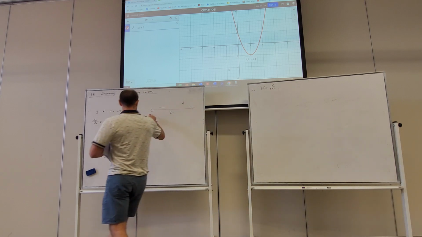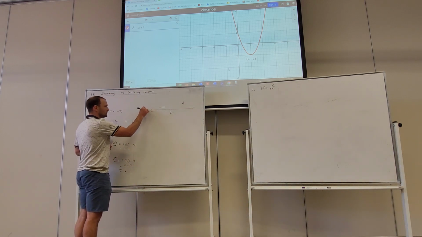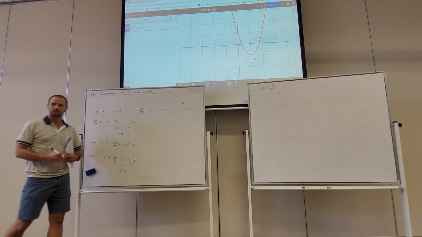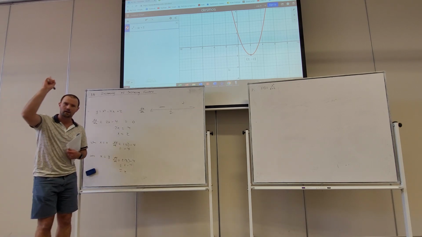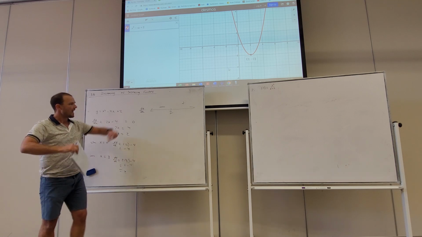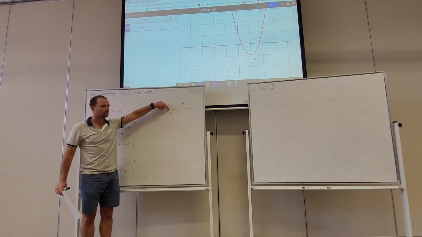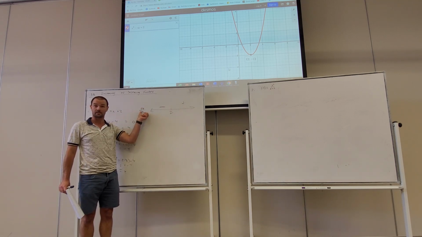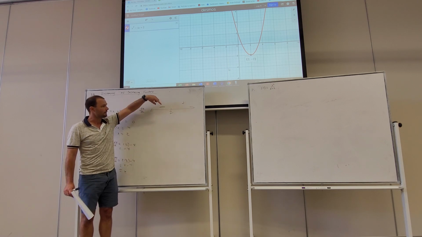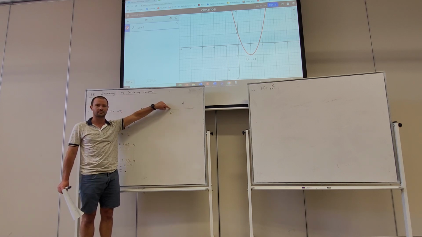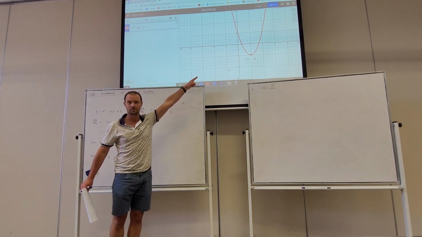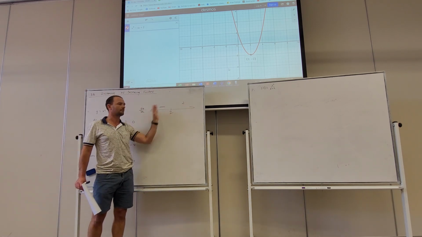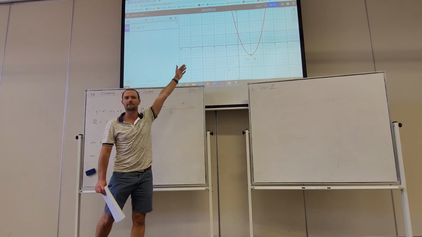What this tells us is very important. Let's label it: this is the sign diagram of dy/dx. It tells us the original function has negative slope until you get to 2. Remember, this is the sign diagram of the slope function. We have negative slope, so decreasing, until you get to 2, and then we have positive slope for values larger than 2, so increasing after that.